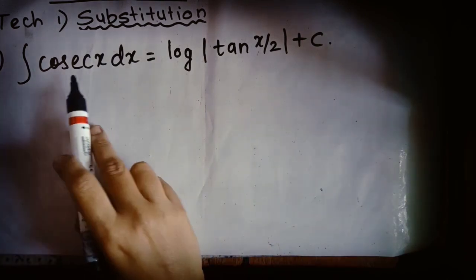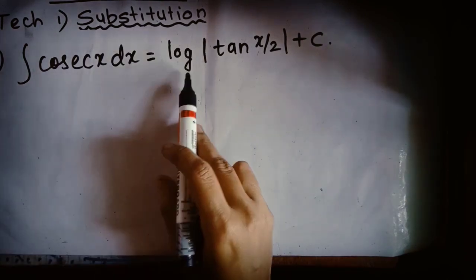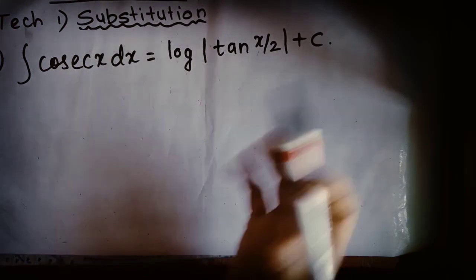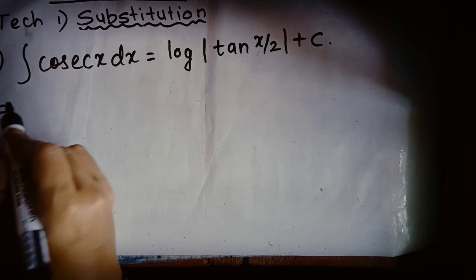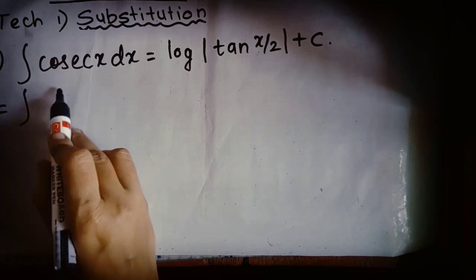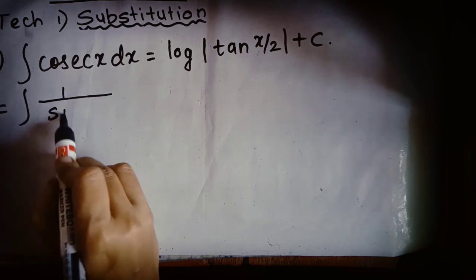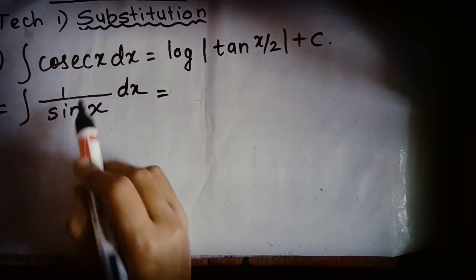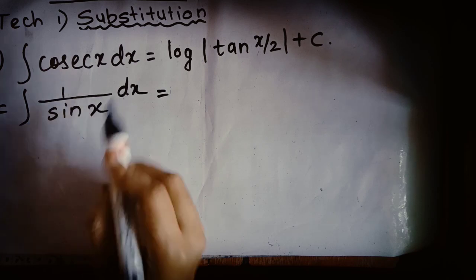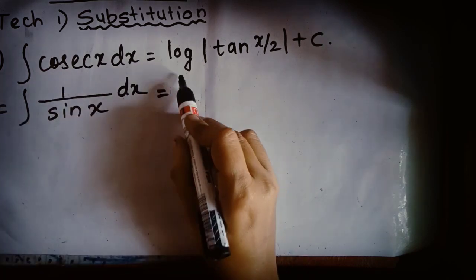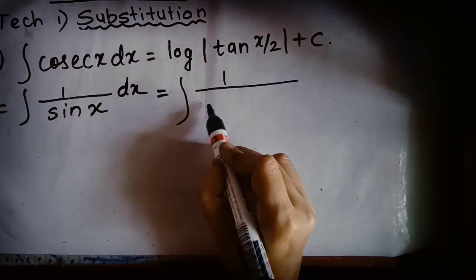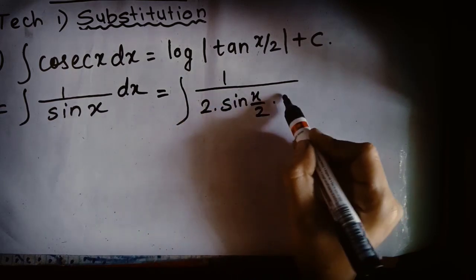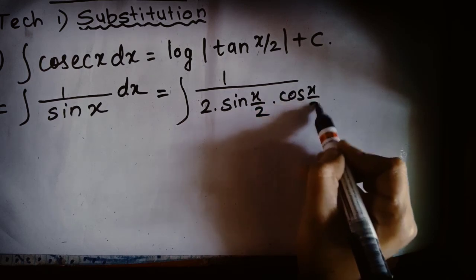Now there is one more formula for integral cosec of x dx, that is log of mod of tan of x by 2 plus c. Let's see how to solve this. So cosec of x, you can write it as 1 upon sin x dx, right? Now this sin x, you can write it using the half angle formula as 2 times sin x by 2 into cos x by 2.